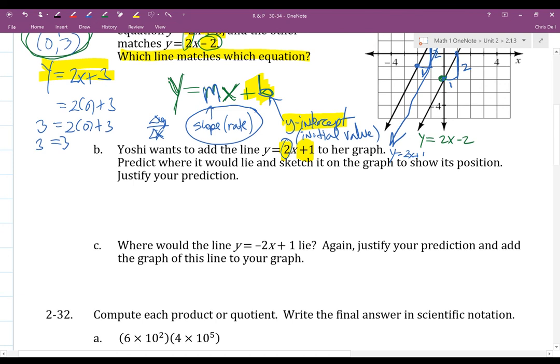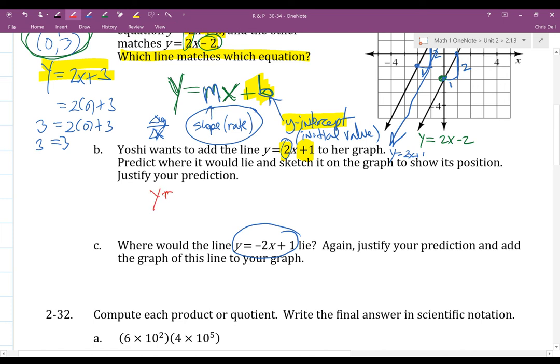Last question here. Where would the line y equals negative 2x plus 1 lie? Justify your prediction and add the graph of the line to the graph. So I didn't actually write my prediction in part B because it said to predict where it would lie and sketch it on the graph. So in words, I would say it.